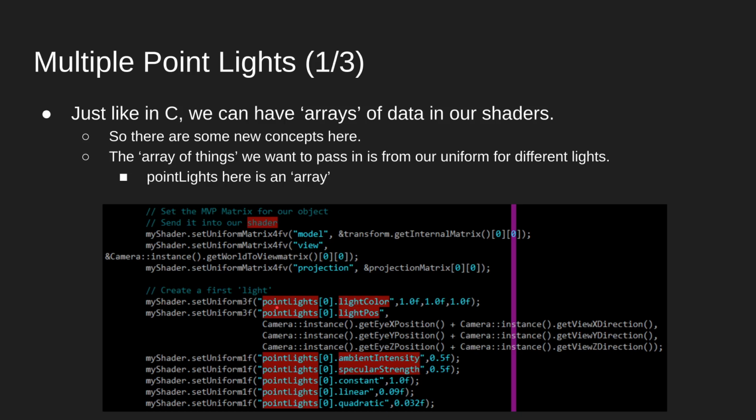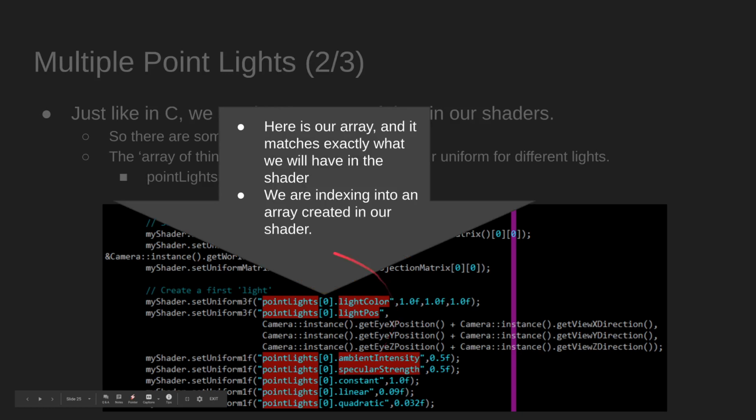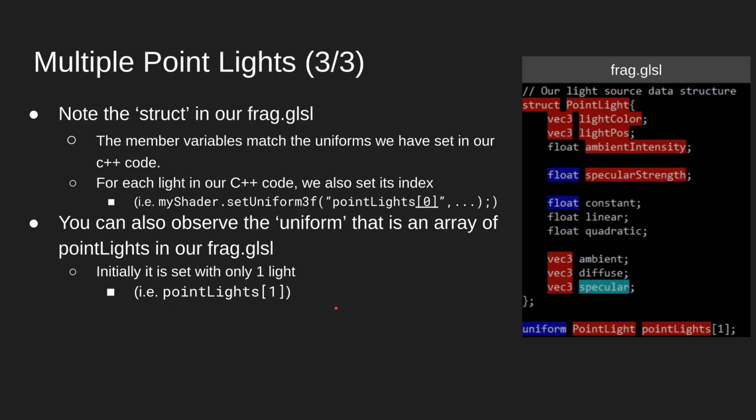So in each of our shaders, we will set the light color, the position, maybe based off the camera, maybe a fixed place in the scene, you can decide, and then set up the intensities and then our light model. And it's important to note that how these things are named is going to match exactly in our shader's point lights struct, so it has light color, position, followed by intensity, strength, and so on, and even the index of that point light.